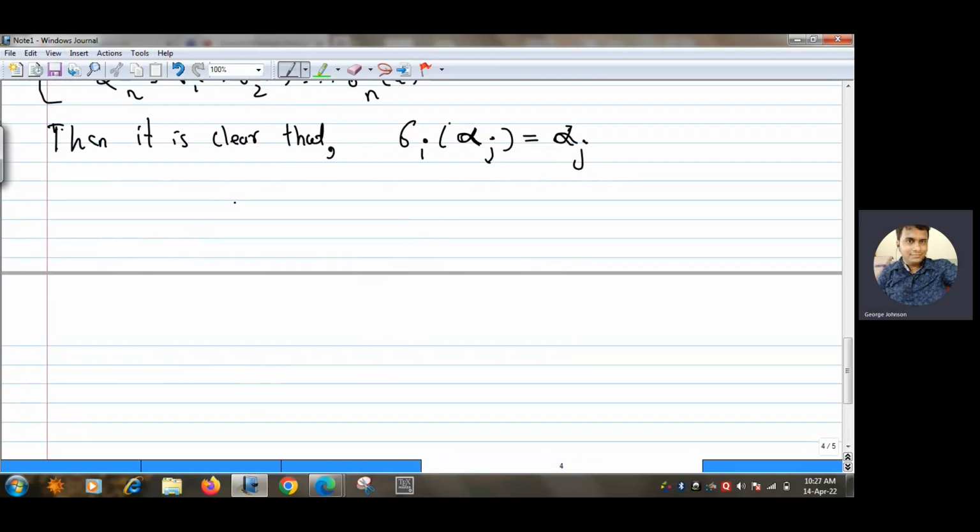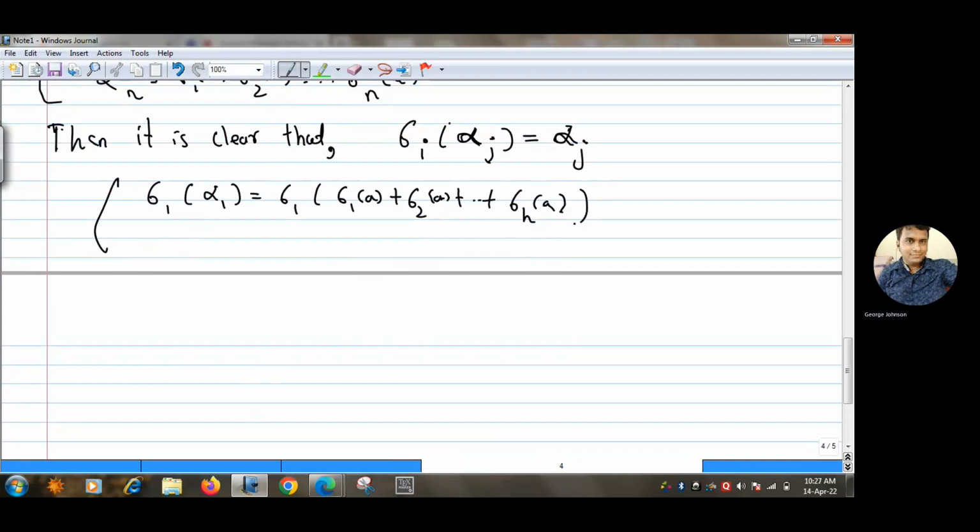Let us see why. Suppose we are considering sigma 1 of alpha 1. I have to prove that sigma 1 of alpha 1 is nothing but alpha 1. What is alpha 1? It is sigma 1 of a plus sigma 2 of a plus and so on up to sigma h of a.